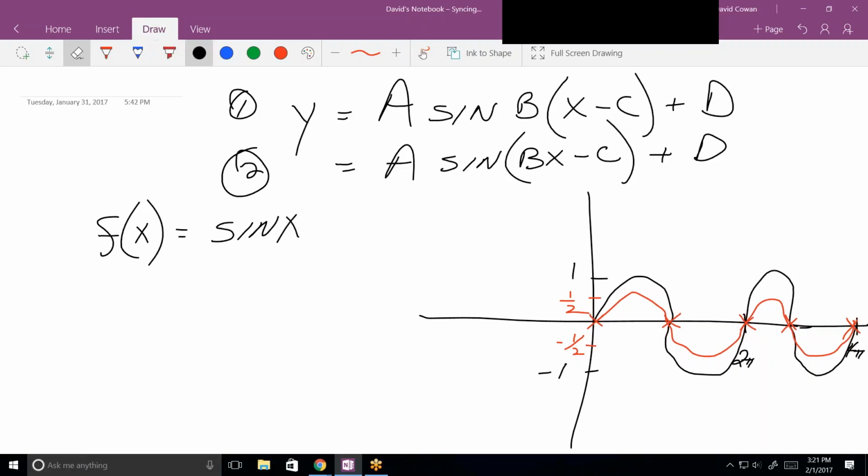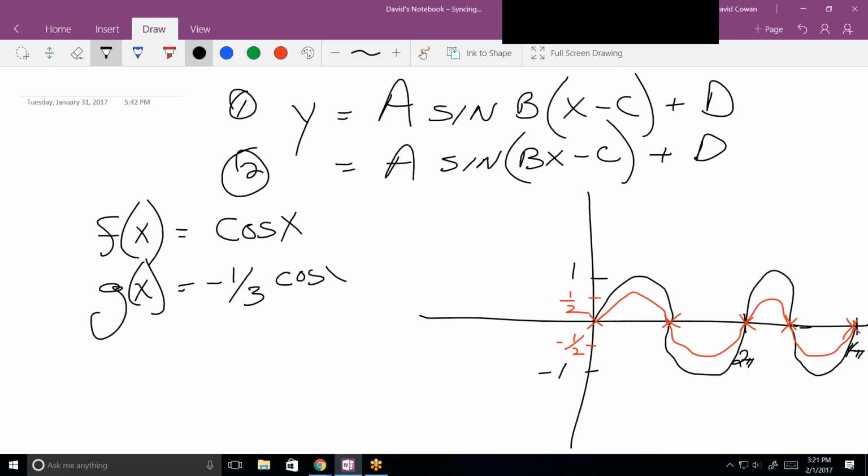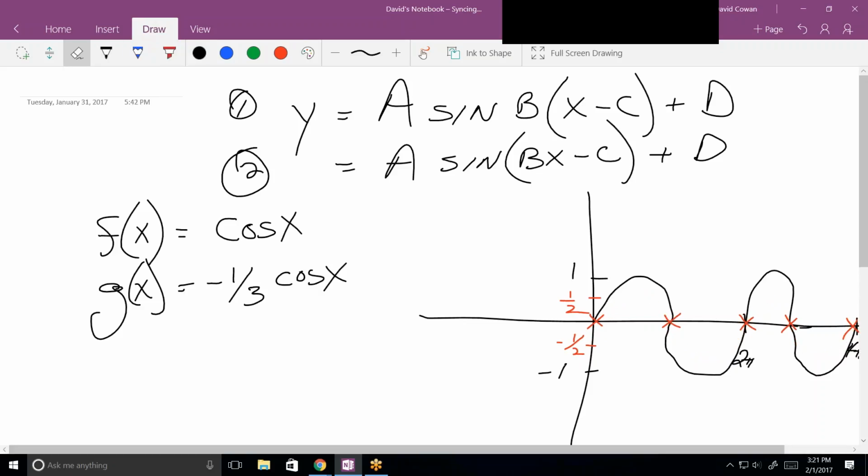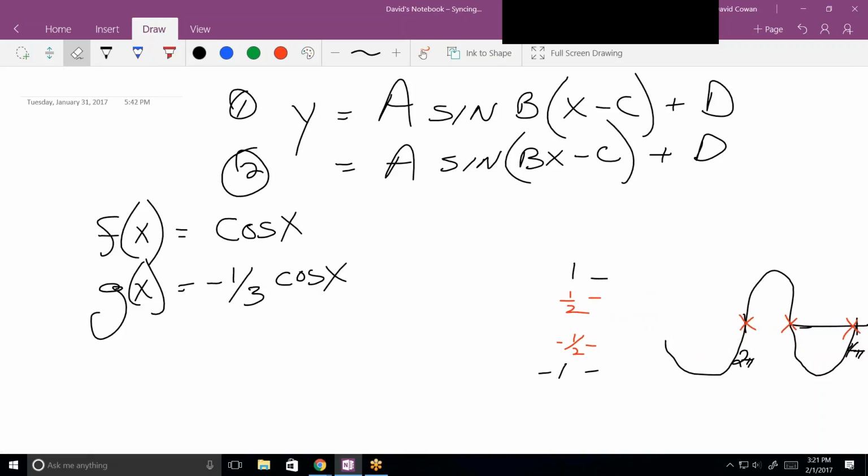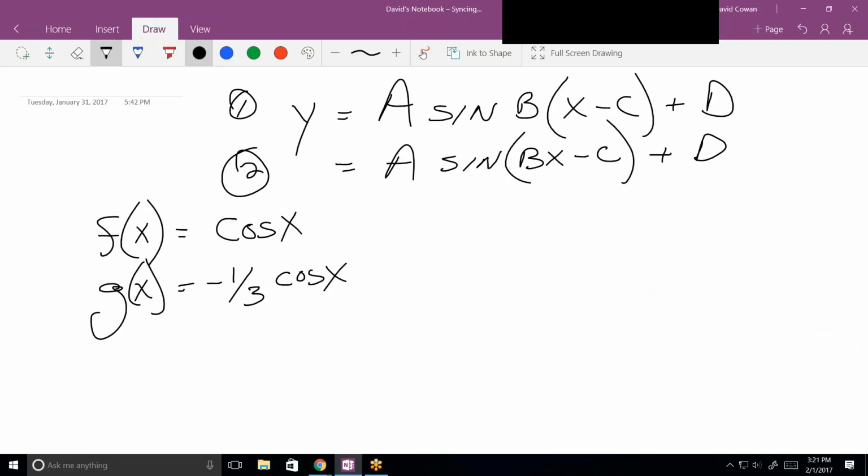The next one is f of x is cosine of x, and g of x is negative 1/3 cosine x. It's actually pretty proper to think of these as transformations in the same way you did transformations of polynomials.